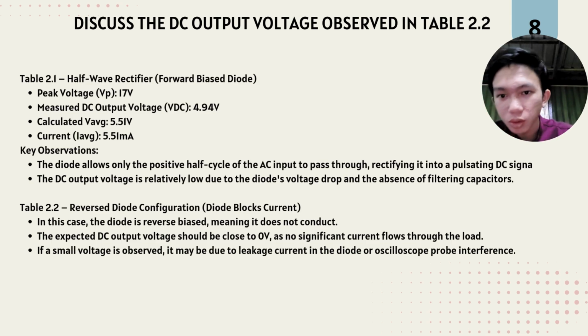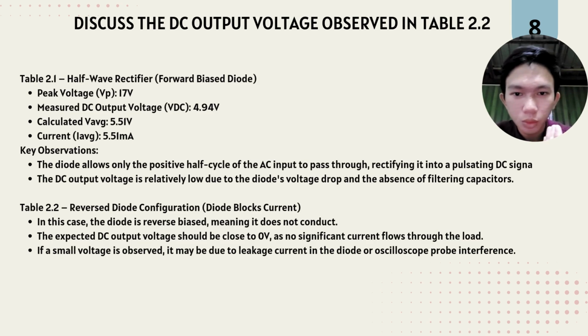For the table 2.2 reverse diode configuration, the diode blocks current, which is a reverse bias diode. In this case, the diode is reverse biased, meaning it does not conduct. So the current doesn't go through because the diode blocks the current.